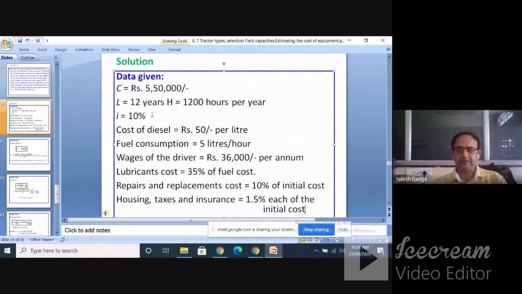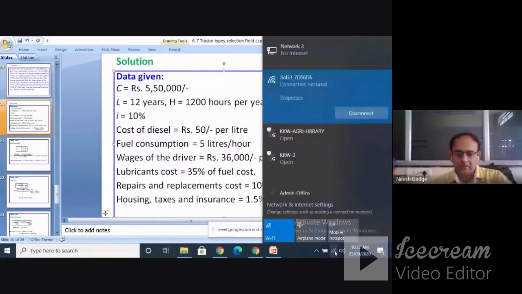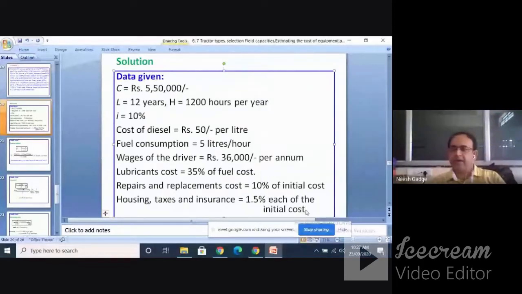Write down all these given things, write this given data as quickly as possible.